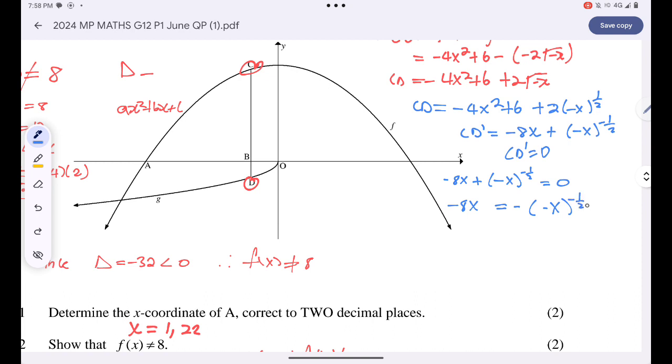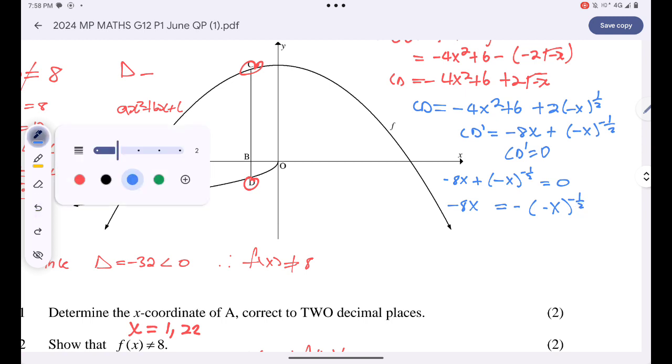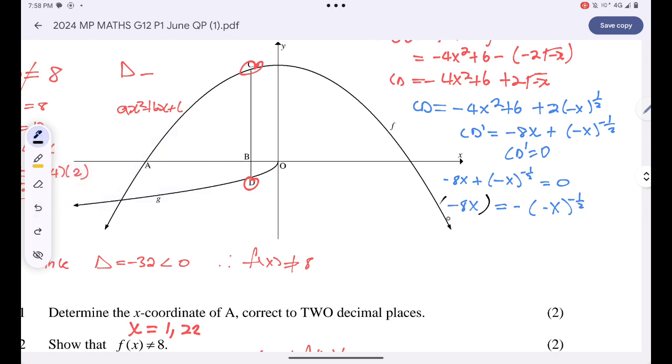I can square both sides, guys, just to remove that 1 over 2 over there. If I square both sides, I would end up having positive 64x squared being equal to negative x to the power of negative 1.